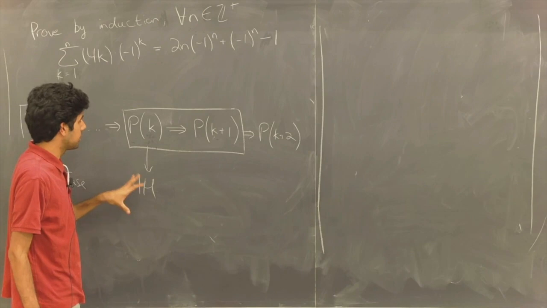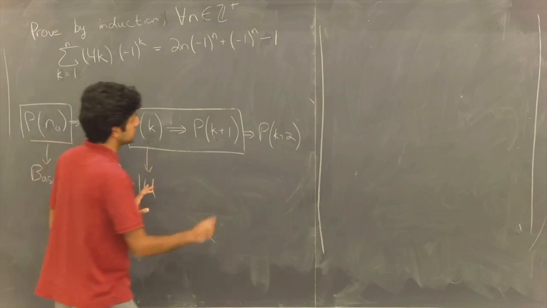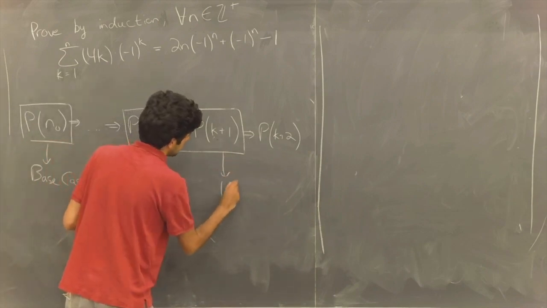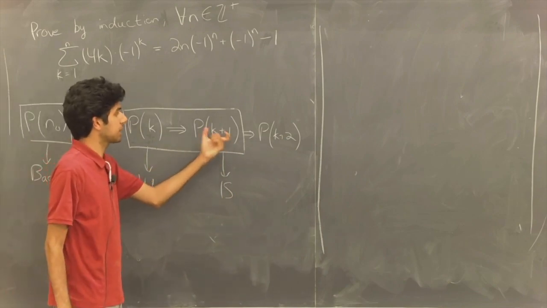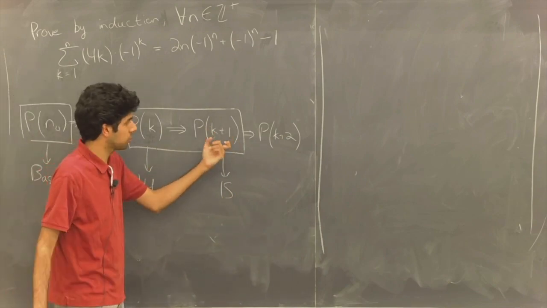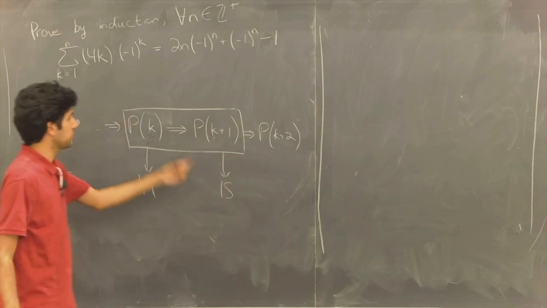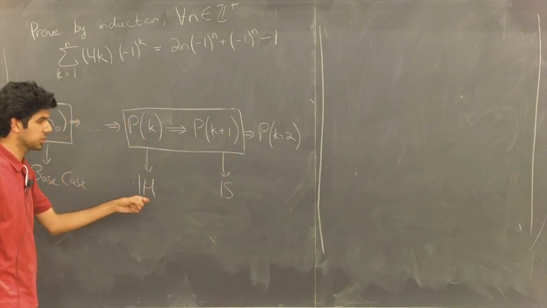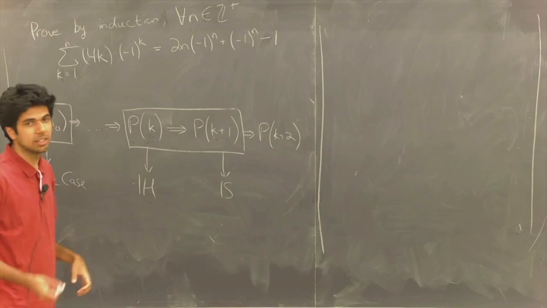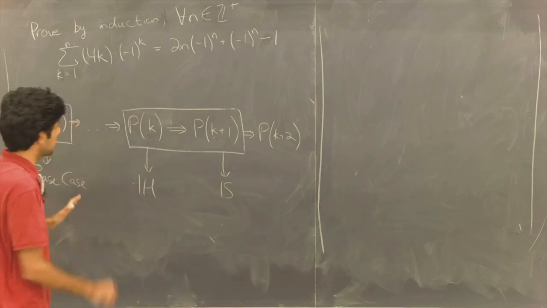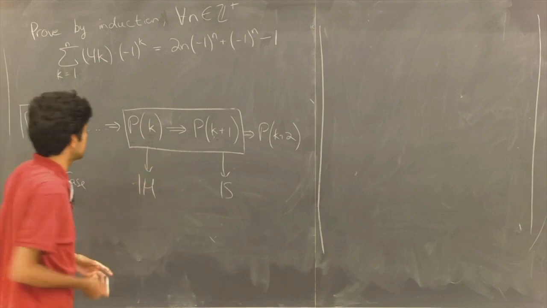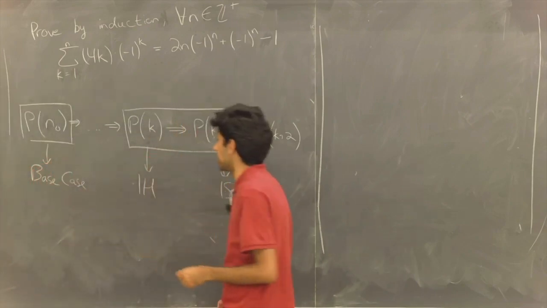And then the induction hypothesis will come into play in our third step, which is the induction step. We are going to show that P of k plus 1 holds true, but in order to do that, we are going to utilize the information we assumed in our hypothesis. This should hopefully make sense as we do the example. I will point it out as things come along. This is the abstract idea of induction in a nutshell.